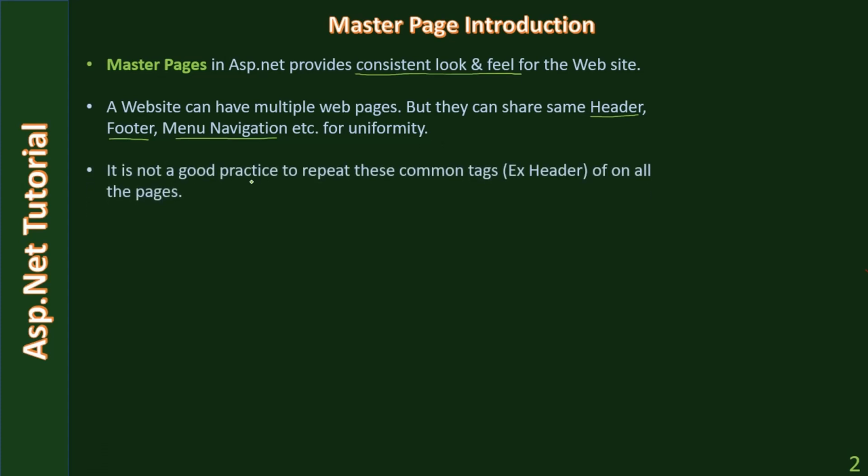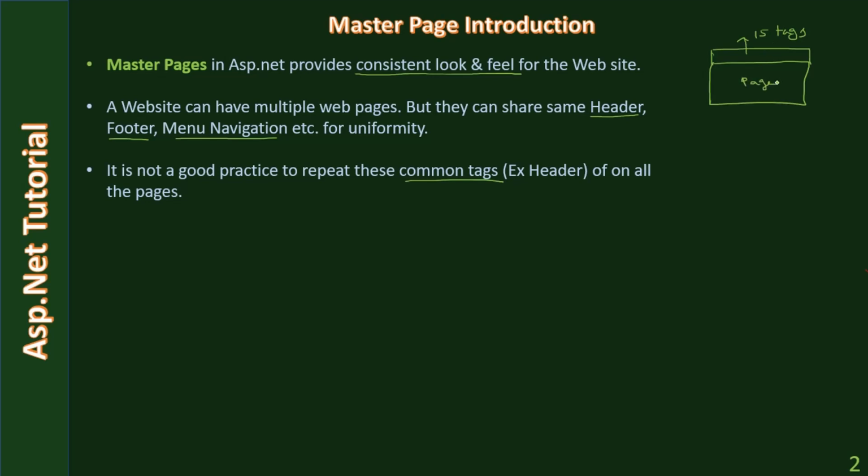It's not good practice to repeat these common tags for header and footer in the menu navigation. For example, if this is your website and let's say you have a header here, and the header design involved some 15 HTML tags, right? So this is page 1.